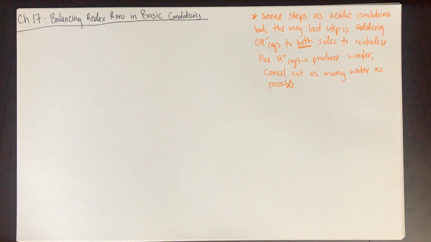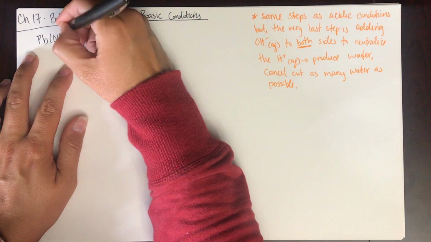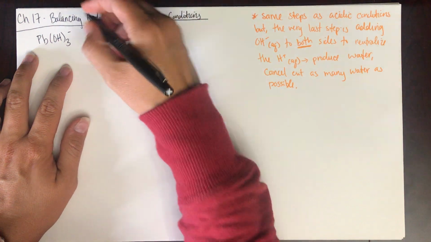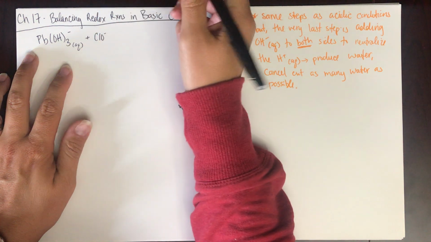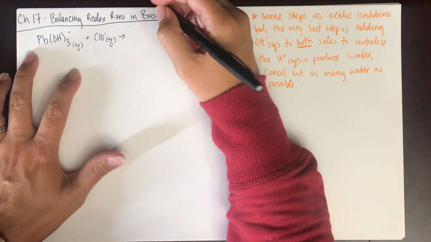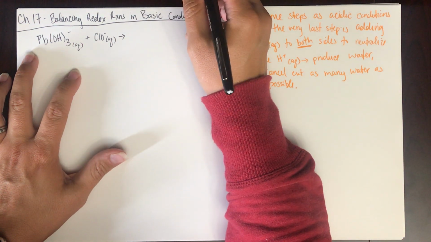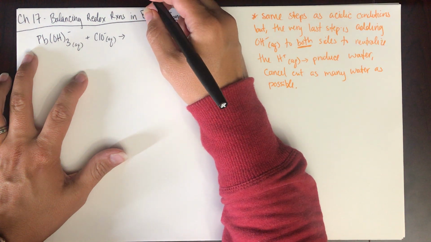Okay, so let's look at an example. We have the plumbite ion, which is PbOH3 minus, aqueous, plus the hypochlorite ion, aqueous, produces lead 2 oxide, or just lead, lead 2 oxide.